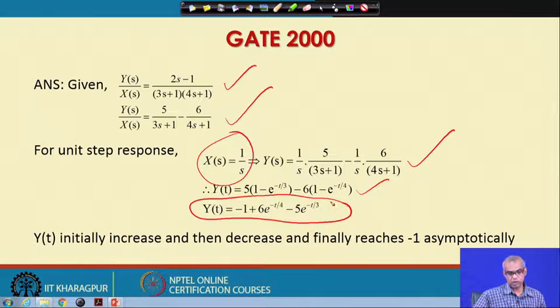So, you can conclude that the response y(t) initially increases and then decreases and finally reaches minus 1 asymptotically.